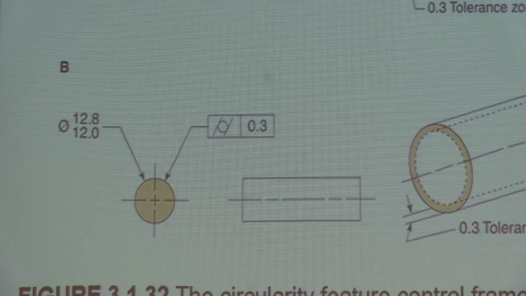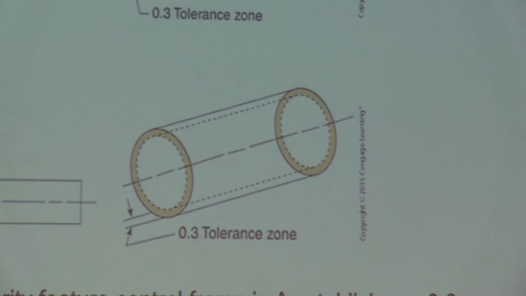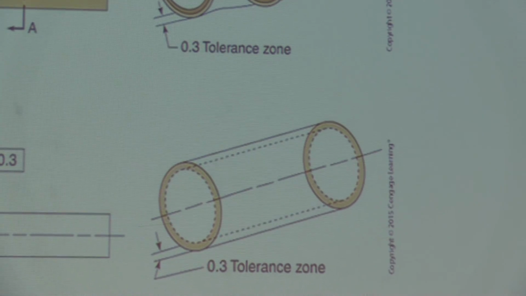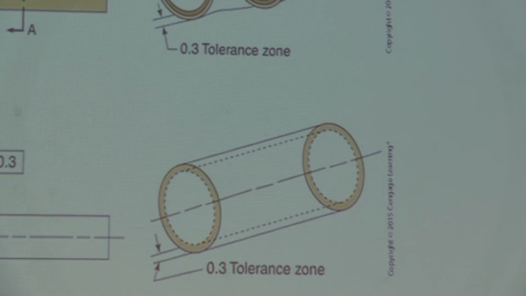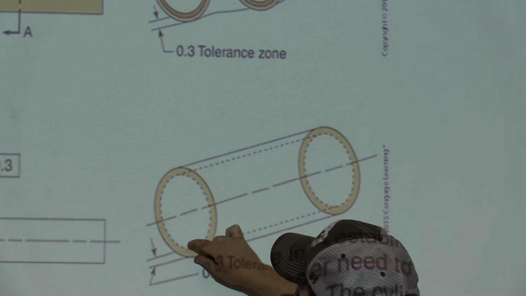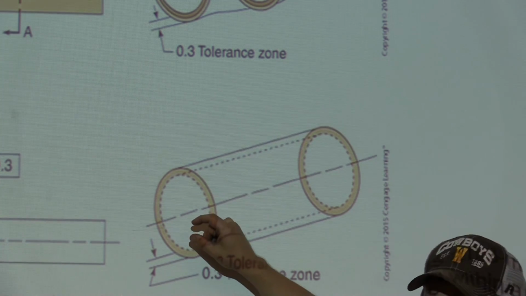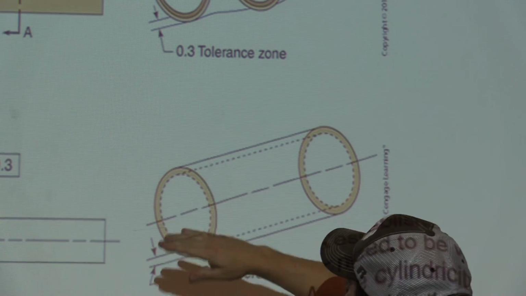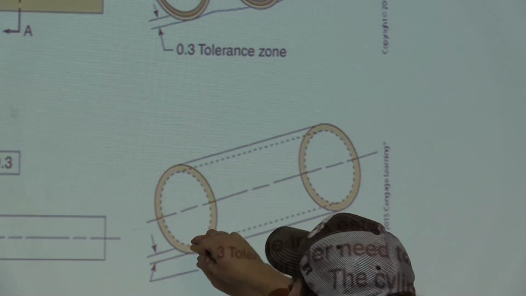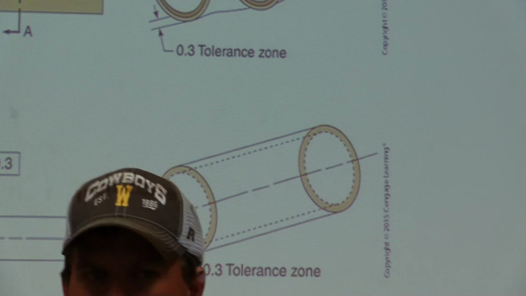Cylindricity, okay, which means that basically it's cylindrical. I'm having a hard time with that word today. Apologize. Now look at the difference. It has to be squared, but it has to be straight along the edges. However, you're allowed a 0.3 tolerance, basically almost like a wall thickness is what you're allowed. Okay. Instead of being bowed, it's only allowed to be 0.3 difference cylindrical.